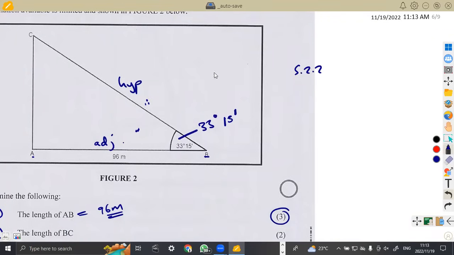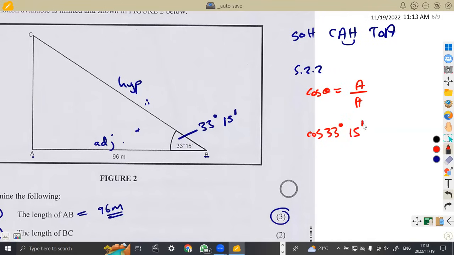We know adjacent and hypotenuse from SOHCAHTOA are found in cos. So cos of theta is equal to adjacent over hypotenuse, which is cos of 33 degrees 15 minutes is equal to the adjacent, which is 96, over the hypotenuse, which is the one that we are calculating, which is BC.